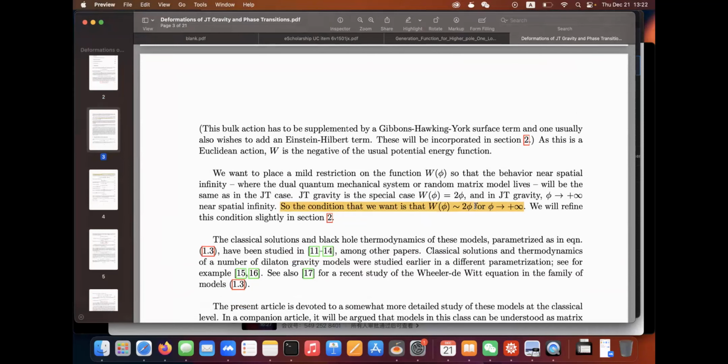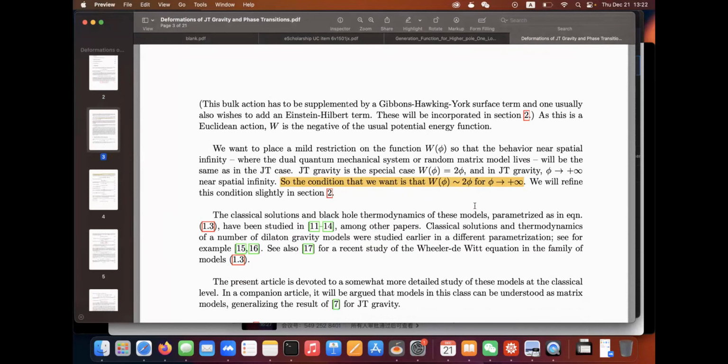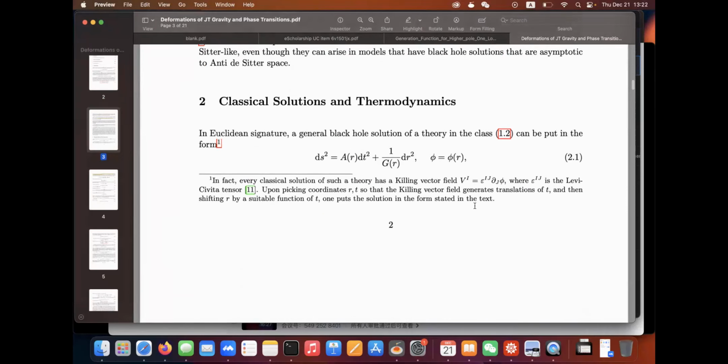It should go like 2 times phi. So on the boundary it looks like the ordinary JT. This is the condition we need to impose. And now we suppose that we have a general black hole solution for this theory. So we have ds written like this form.